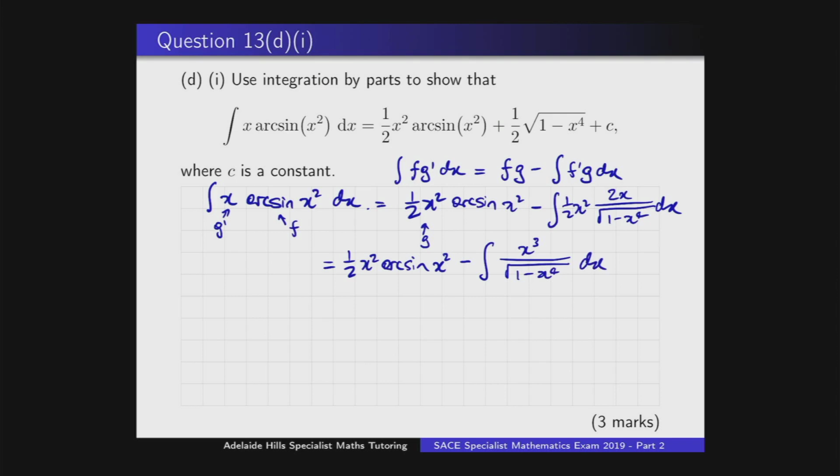Okay, so that's really quite handy, because now what we have is a term that needs to be integrated, but you can see if we were to make some substitution like u equals 1 minus x to the 4, then the term above there has some sort of relationship to that. When we take a derivative of x to the 4, we're going to get 4 times x cubed. And so we have on the numerator exactly what we want to make that an exact integral.